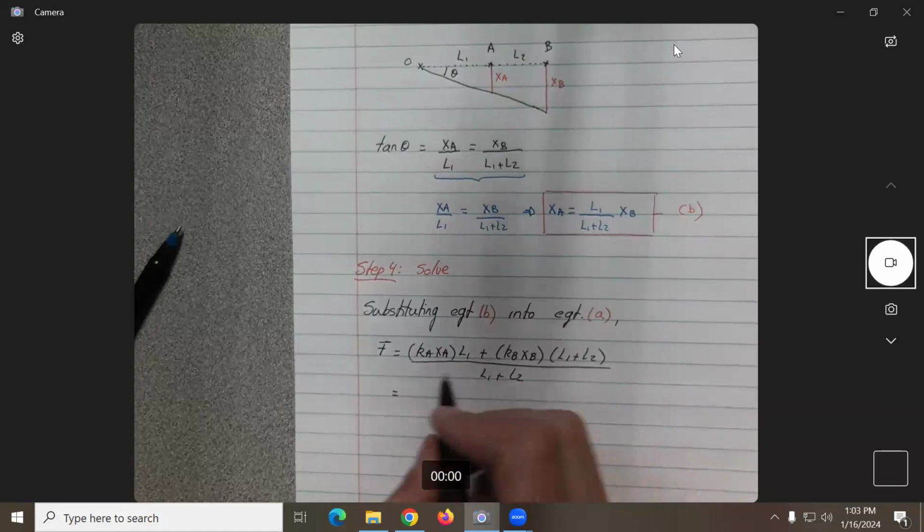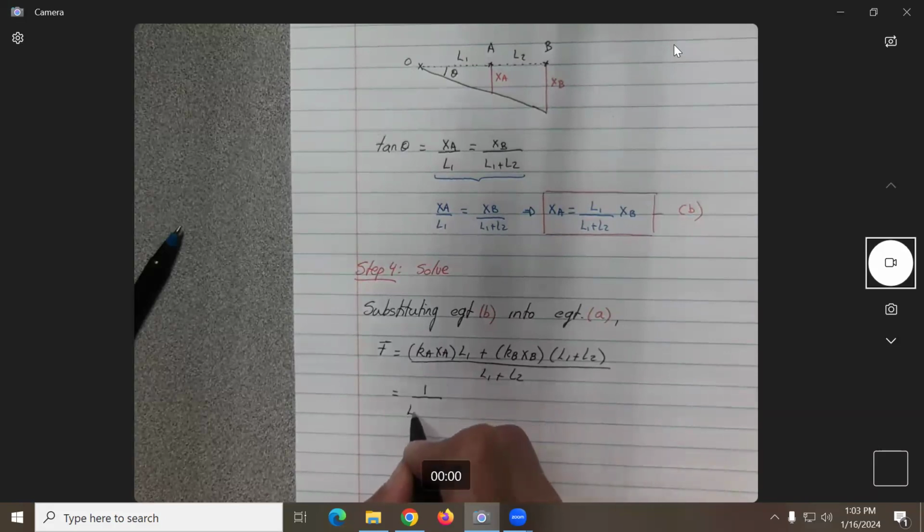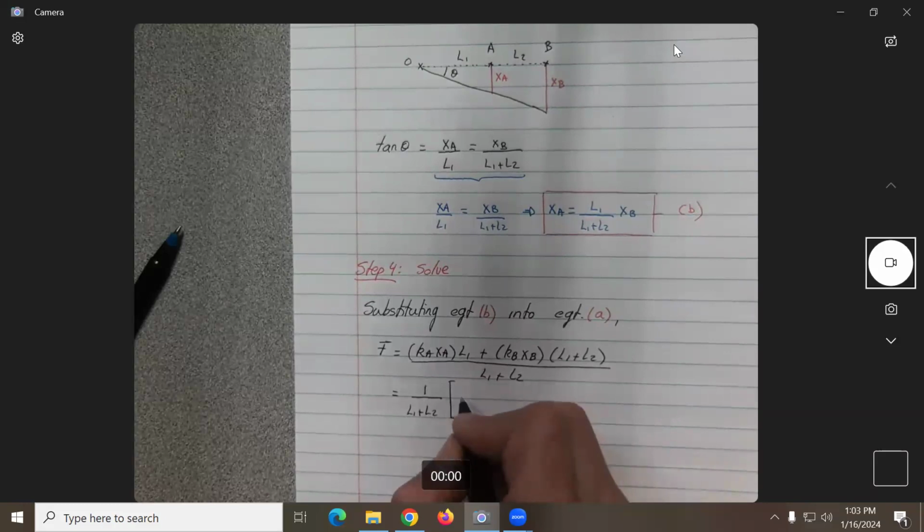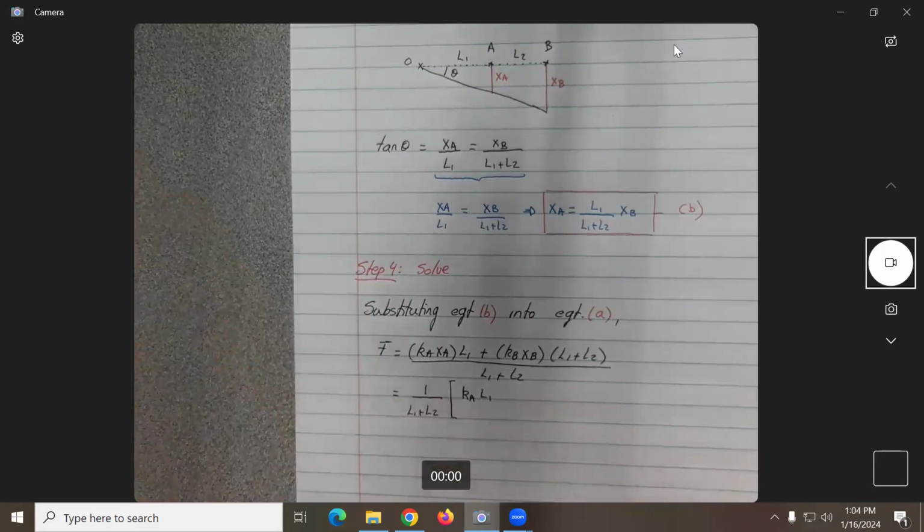So let me just rewrite this a little bit differently. Let's say this will be 1 over L1 plus L2 factor of K sub A L sub 1.